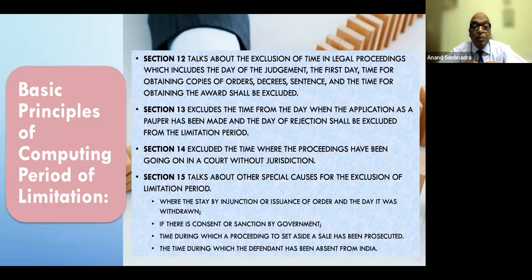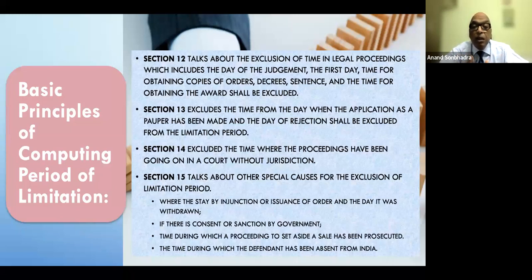Whatever the timelines or number of days, they can be excluded as per section 12. Section 13 is similar to section 12, except that if an application as a pauper has been made, we will see what a pauper is later, then from the application to the day of rejection, this period shall be excluded.